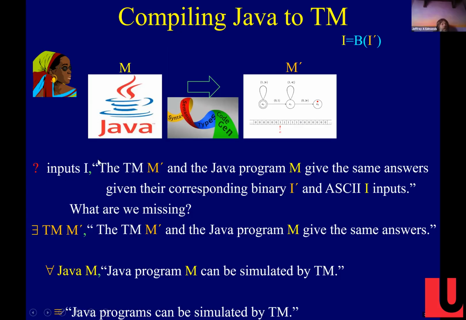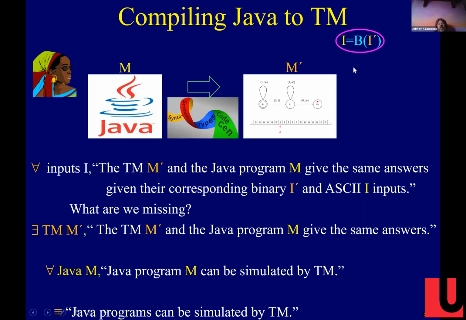So for what input does it do this? Does it do it for some inputs? No, it's got to do it for every input. For every input, this Turing machine has to give the same answer as the Java program, right? People following that?